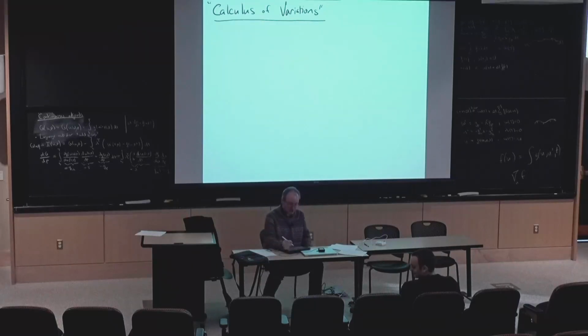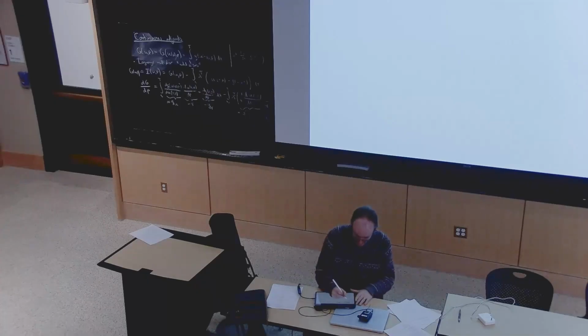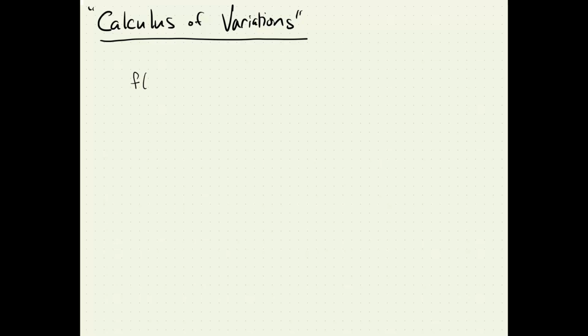Calculus of variations, but all it really is is the same idea of derivatives, where we're going to have f of u plus du minus f of u. That's our df. It is going to be, I'm going to call it, f prime of u du. Right?